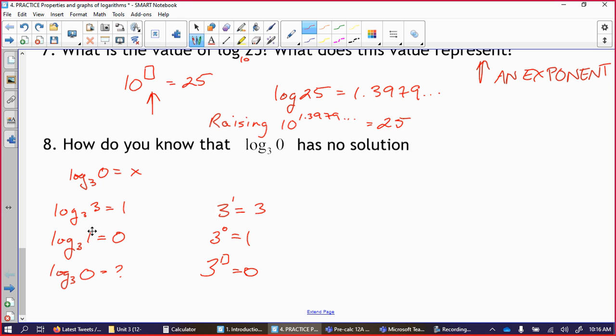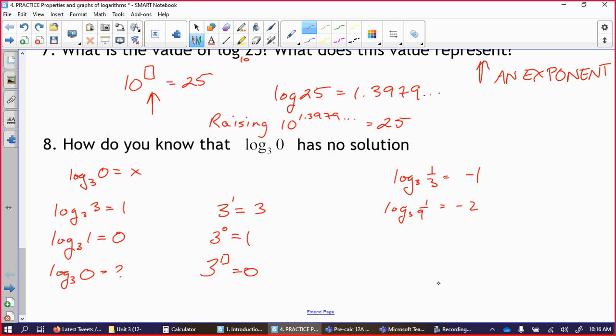No, because no matter what we put in here, it won't work. Log base 3 of 1/3 is -1. Log base 3 of 1/9 is -2.